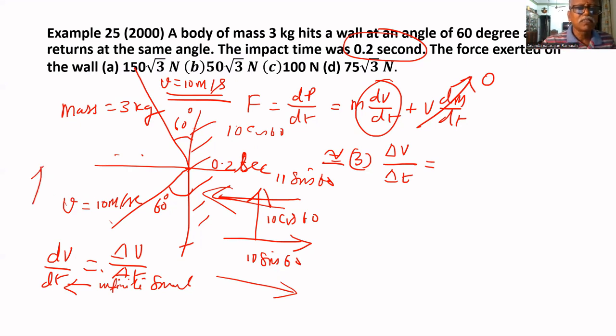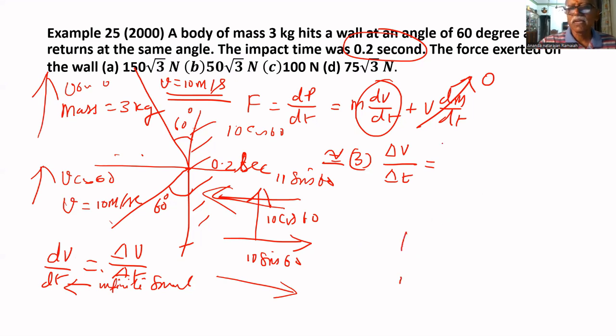Here the cos component is upward, V cos 60. Here also it is upward, V cos 60. These two get cancelled because delta V means change in velocity.